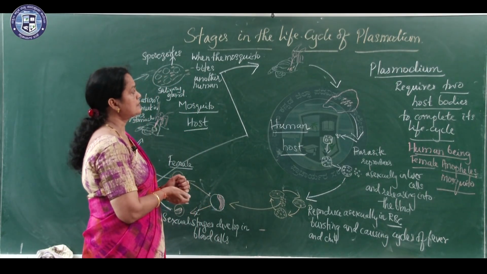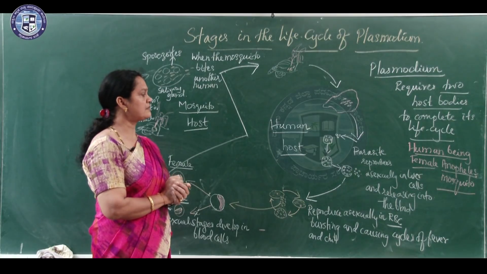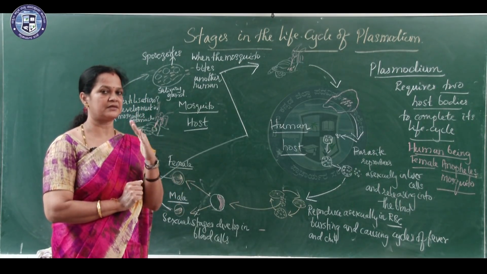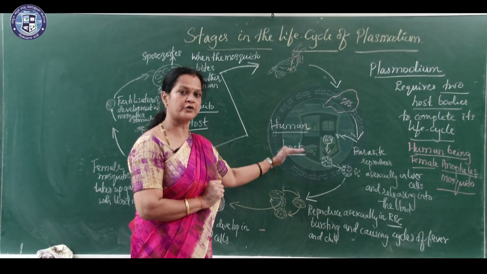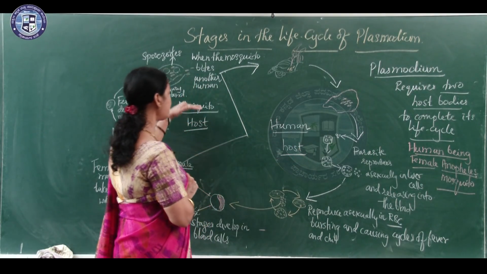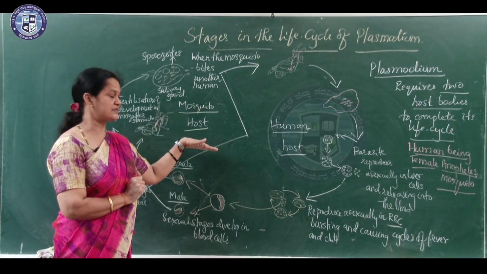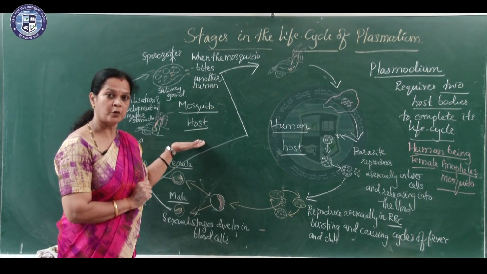Usually there are two parts in the life cycle. One is a cycle which is completed in the human body or human host. Another part is a cycle that will be completed in the mosquito host.